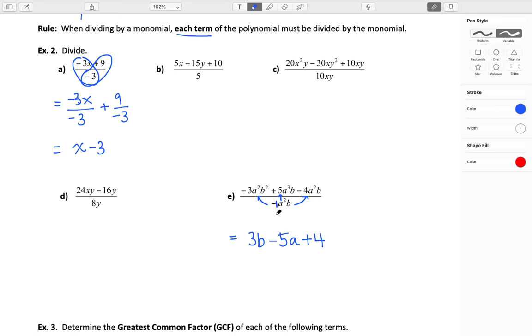And b also cancels out. So therefore, my answer will be this expression over here. Okay. Now, if you want, you could write it in order. So you could write negative 5a plus 3b plus 4 if you like. Okay. Good.